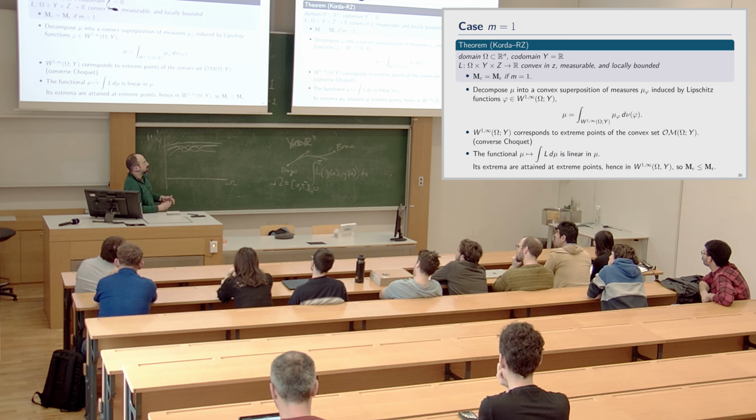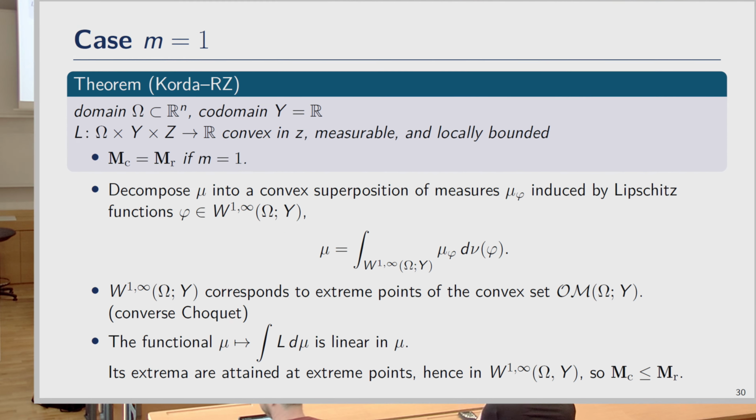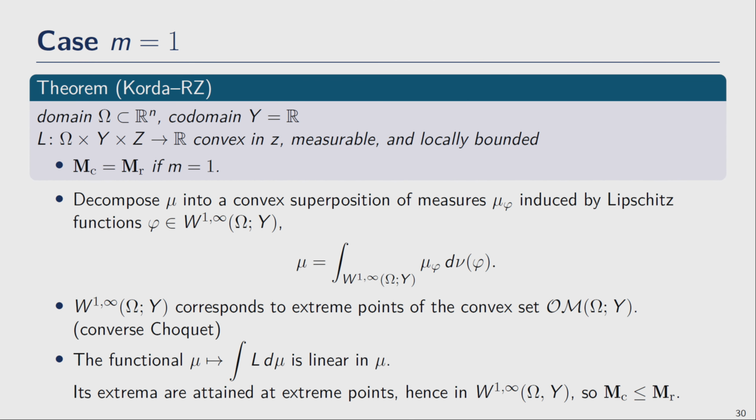I guess it's the converse to the Choquet theorem. And so, since the functional mu going to the integral is actually linear, the extrema are attained at the extreme points, and so you get a Lipschitz function, and so you get the opposite inequality that you wanted to get.